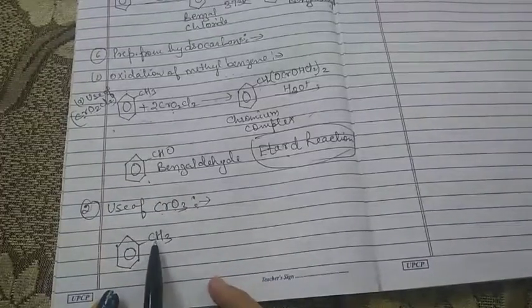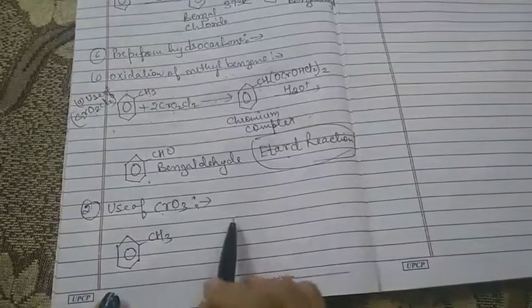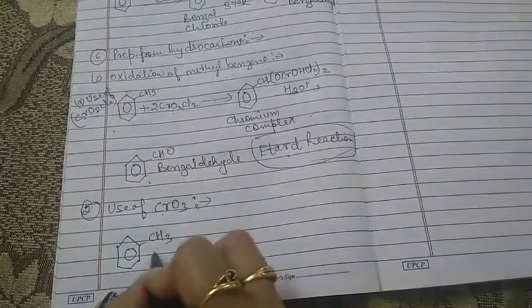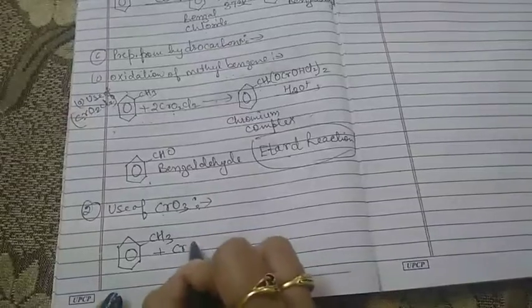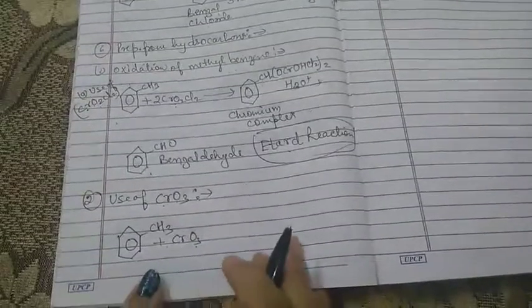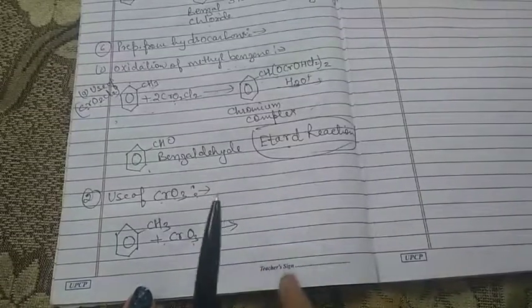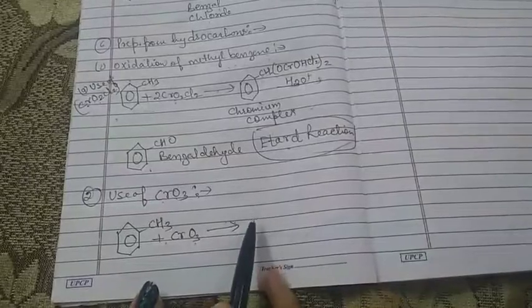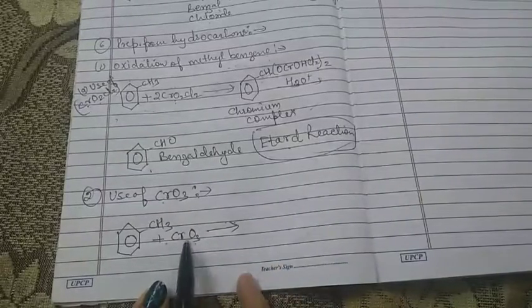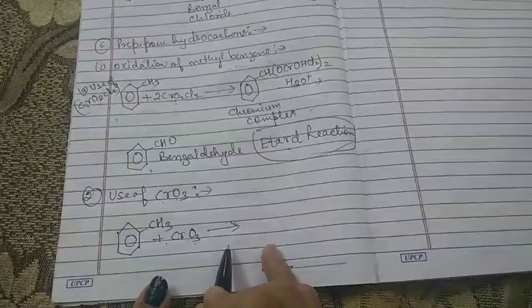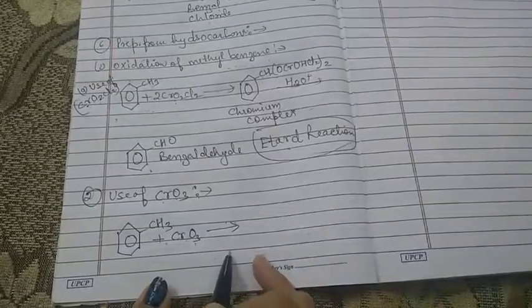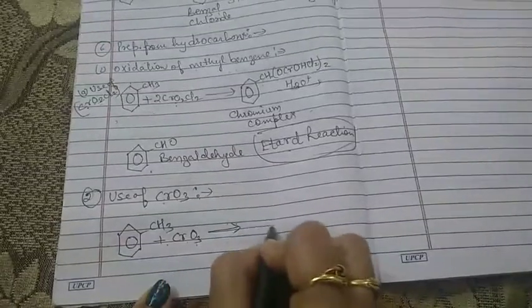Toluene or the substituted toluene is converted to the benzylidene diacetate on treatment with chromic oxide, that is CrO3, in acetic anhydride.